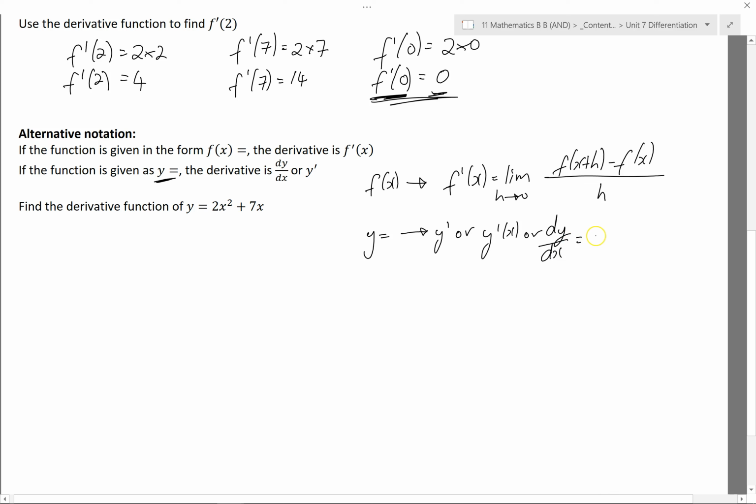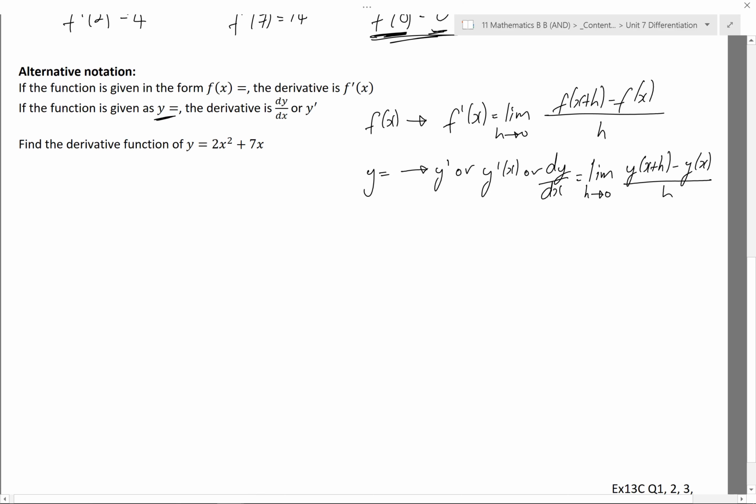Okay, and we'll find the derivative by, instead of having f's here, just having y's. Okay, so it'd be y of x plus h minus y of x over h. Okay, this dy dx is pretty much like change in y on change in x, but as h approaches 0, these triangles approach d's. They change into d's.